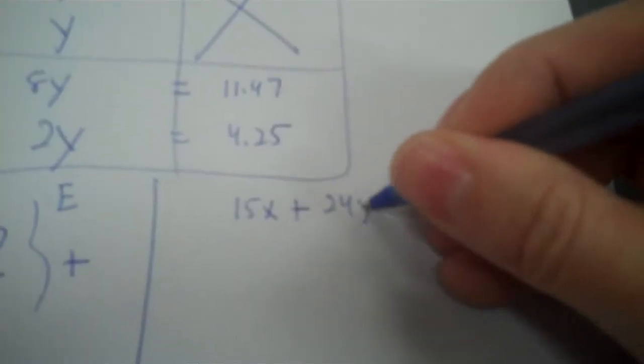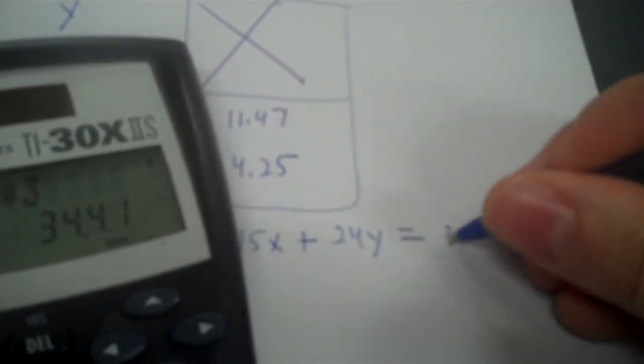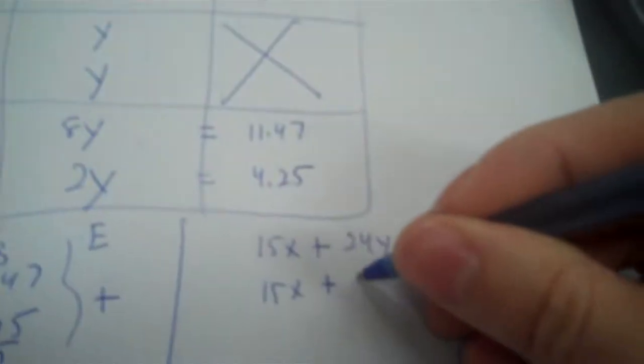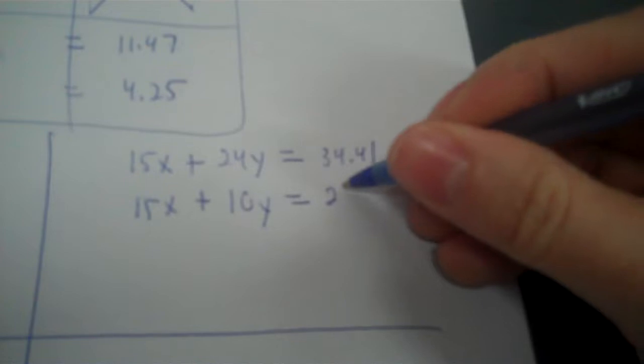So it's going to give us 15x, 8y times 3 is 24y, 11.47 times 3 is 34.41. Now the other one, 3x times 5 is 15x, 2y times 5 is 10y, then 4.25 times 5 is going to be 21.25.